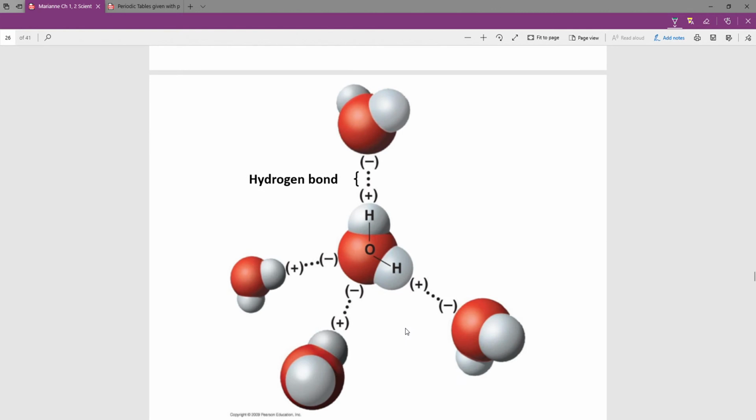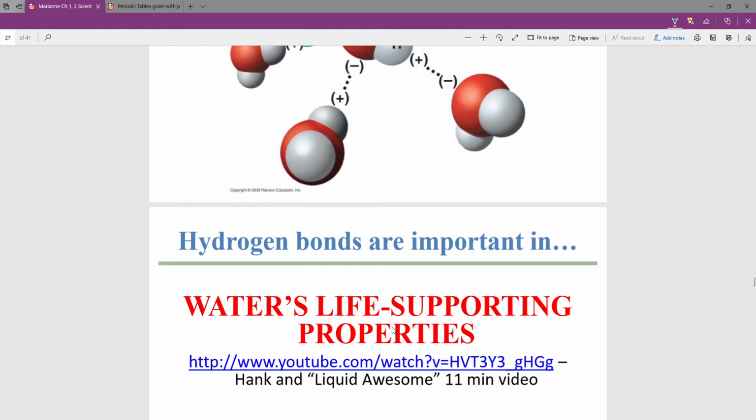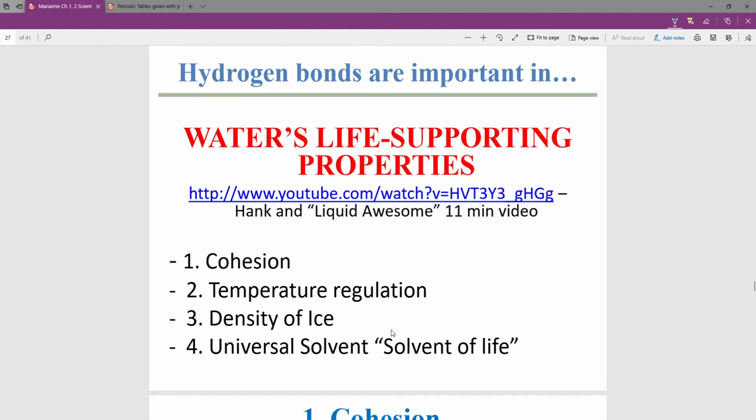And so this picture, the next slide, is meant to illustrate that secondary bonding, that relationship between neighboring polar molecules where the positive and negative regions line up and they actually attract each other. So hydrogen bonds are important in water's characteristics.